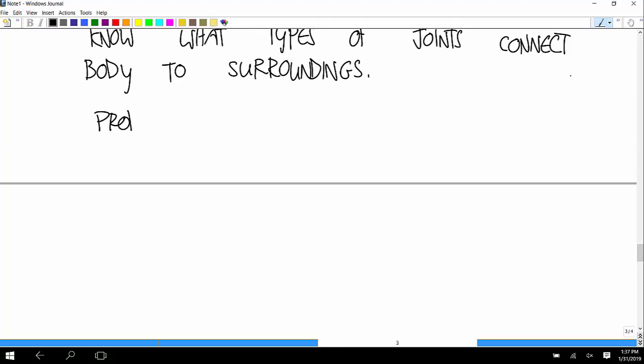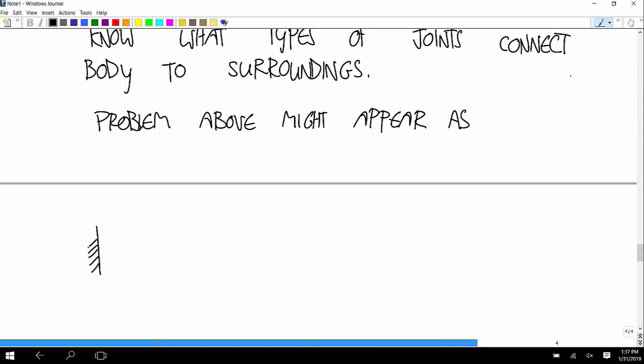So the problem above might appear something like this. So over here is a wall, and the body is connected to the wall by a pin joint like that, sort of like a hinge.